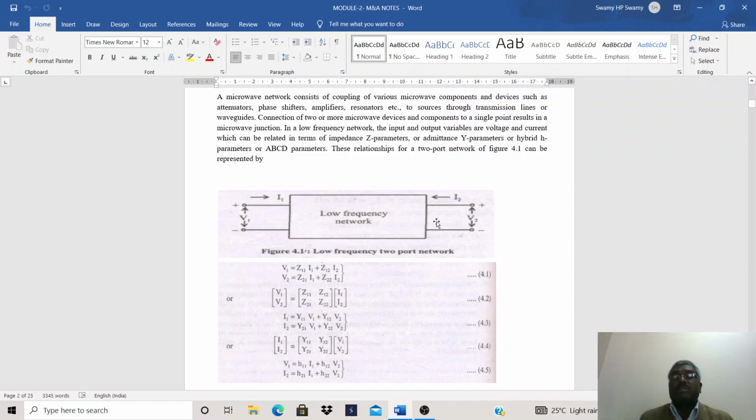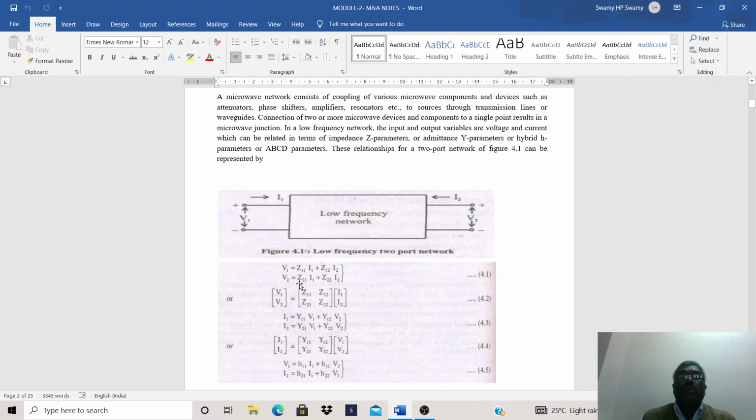Z12 is the impedance between the input and output terminal, multiplied by the output current I2. So V1 is the sum of the input impedance times the input current plus the transfer impedance times the output current.